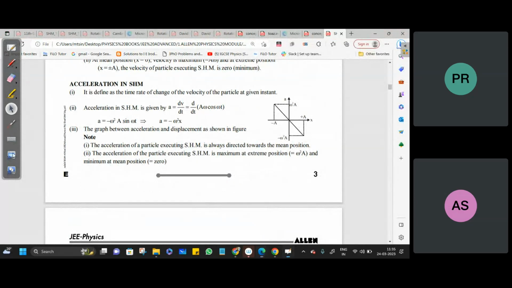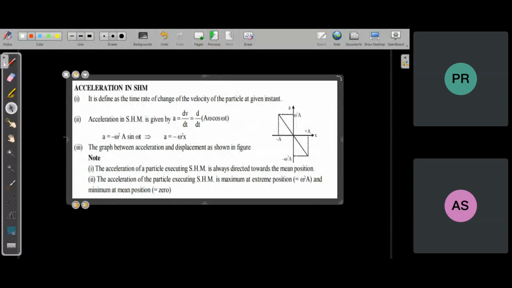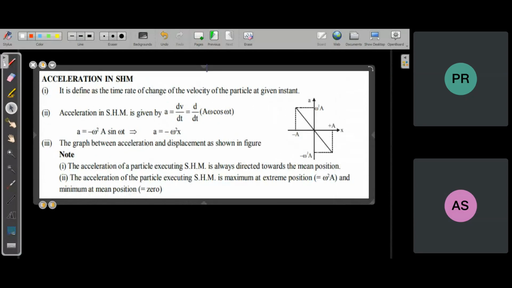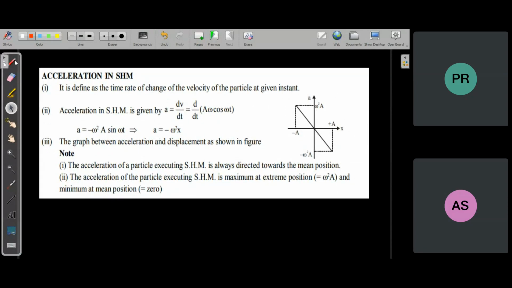Now let's talk about acceleration in SHM. You already know that acceleration can be calculated by differentiating velocity as a function of time. So dv by dt, we already calculated the velocity as a function of time. This is velocity as a function of time. If you differentiate, you will get this. This is the equation of acceleration as a function of time.